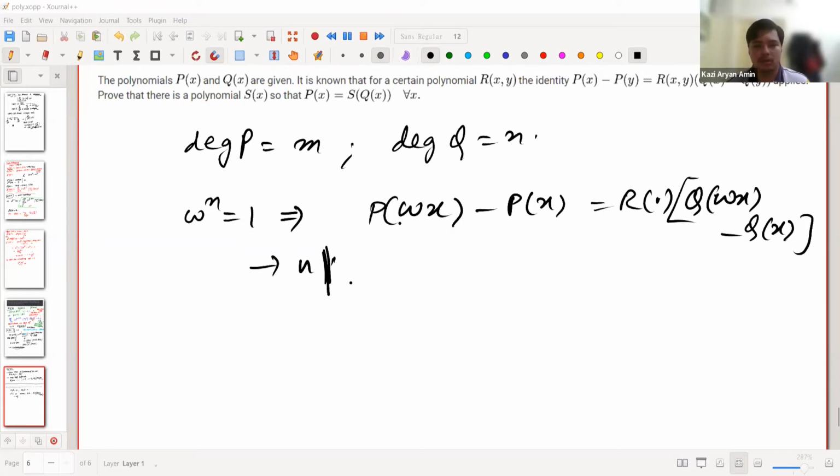Just give me a minute. Is the screen visible? Okay, my laptop is glitching for some reason.